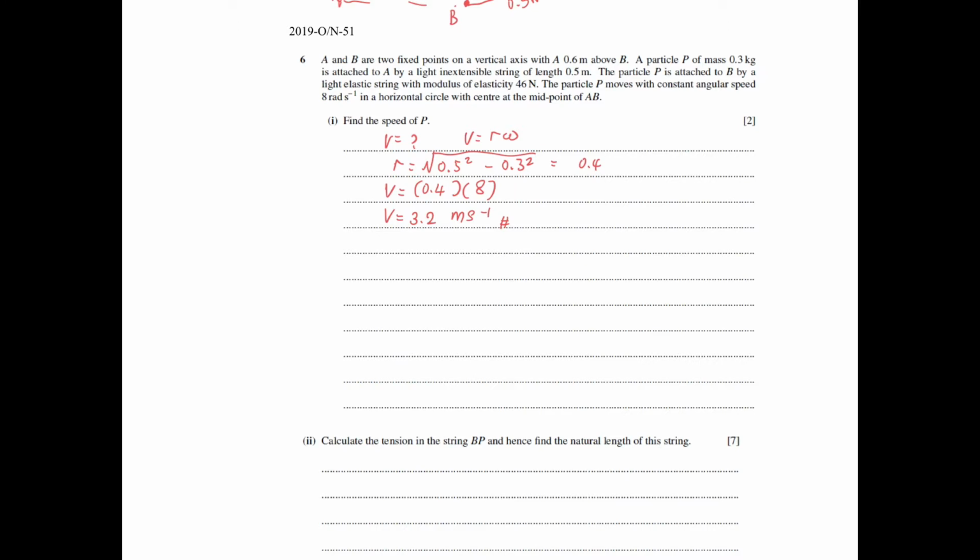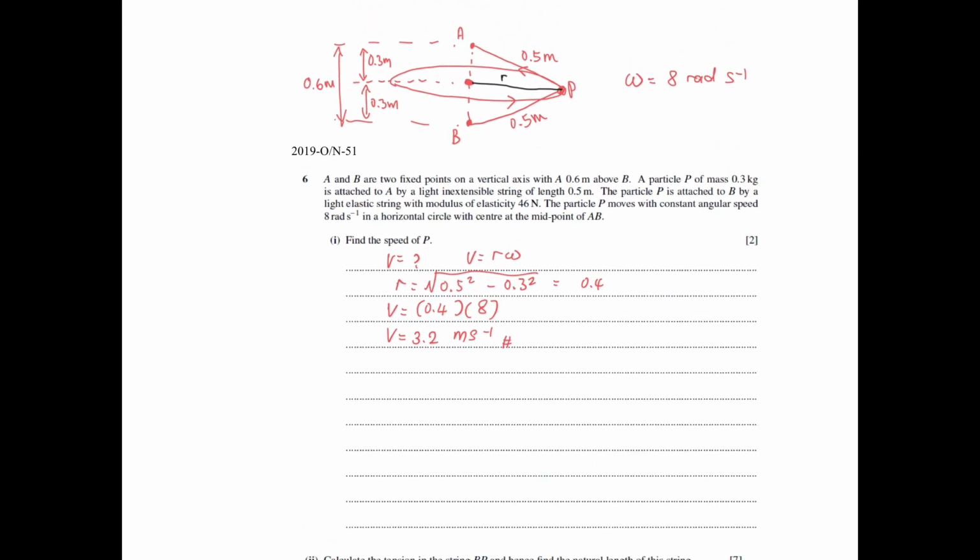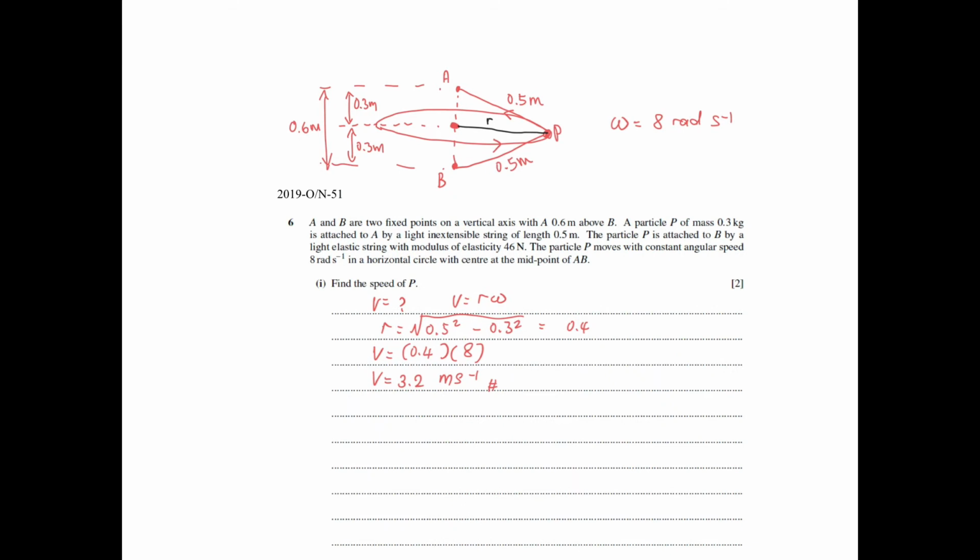Looking at the picture, one of the concepts that we can apply here is something like this. I put it in blue color. The string attached to A is an inextensible string.